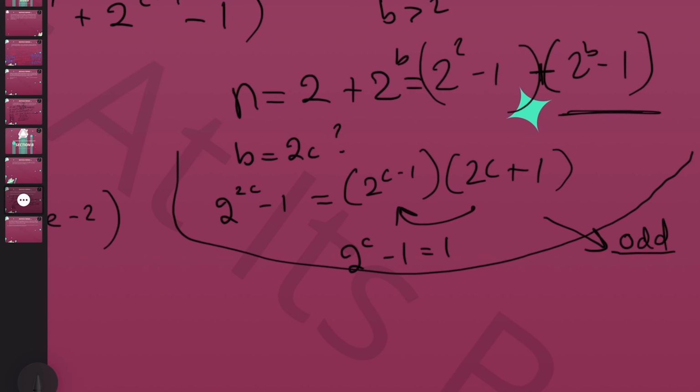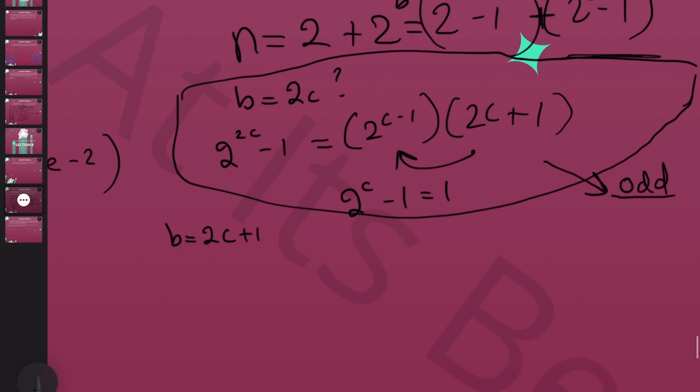So now we're going to let b equal 2c plus 1. And now we're going to take a look at the number n, which we know is 2 plus 2 to the 2c plus 1. And we're trying to show that this is equal to the sum of two squares. So what things could we square to end up with an expression like this?